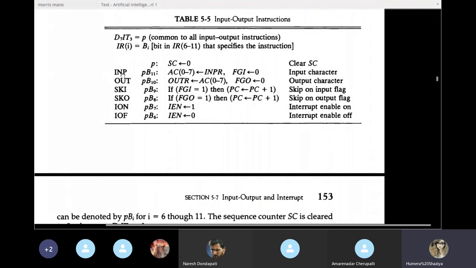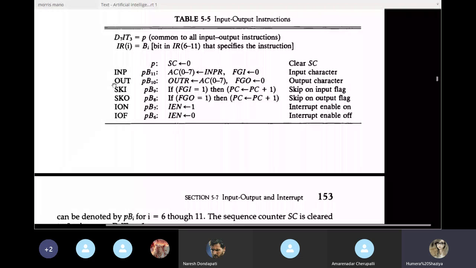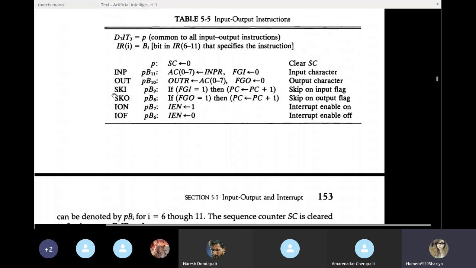INP is the first IO instruction. The second IO instruction is OUT, the third is SKI, the fourth is SKO, and then ION and IOF.